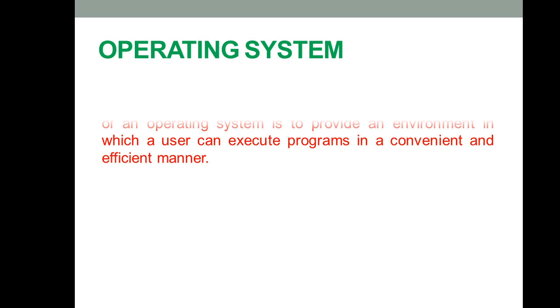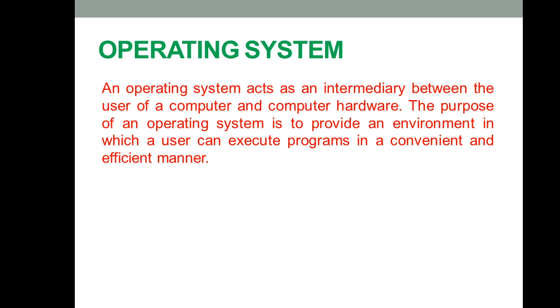So if I want to write the definition, what will I write? An operating system acts as an intermediary between the user of a computer and the computer hardware. This point is important, because whenever you write the types or the examples of it, you should have the concept of operating system.